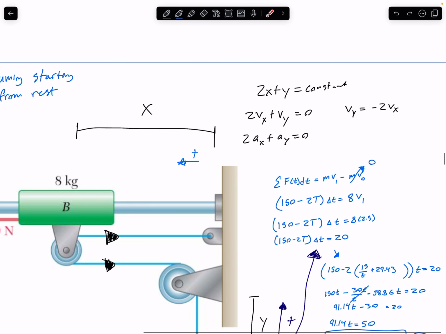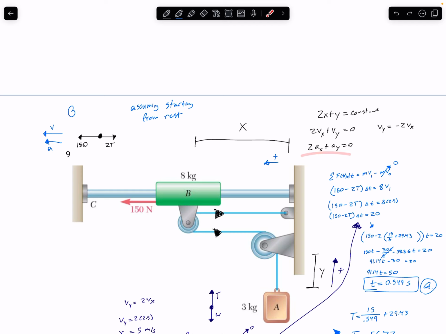For the total length, 2x plus y is a constant, but then you take the derivative, so 2 times vx plus vy is equal to 0, and then for the acceleration, 2ax plus ay is equal to 0. So now the velocity of y is equal to 2vx.